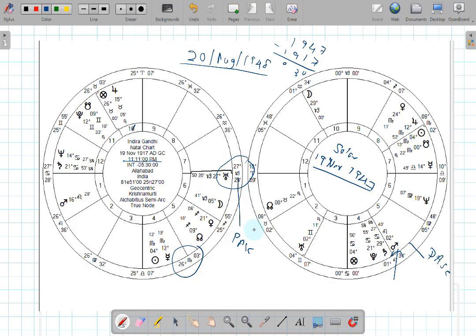So the lord of the year is Saturn, because Saturn is the lord of Capricorn. So Saturn is the lord of the year. Now because Saturn is the lord of the year, Saturn also becomes an important chronocrator, right? And you have to look at any directions.